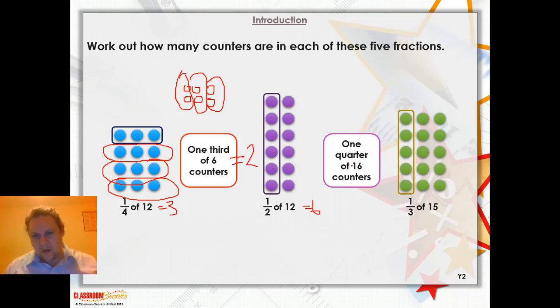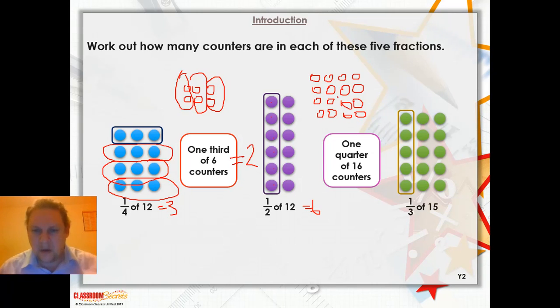Okay, 1/4 of 16 counters. Okay, we're going to draw 16 counters. 1, 2, 3, 4, 5, 6, 7, 8, 9, 10, 11, 12, 13, 14, 15, 16.